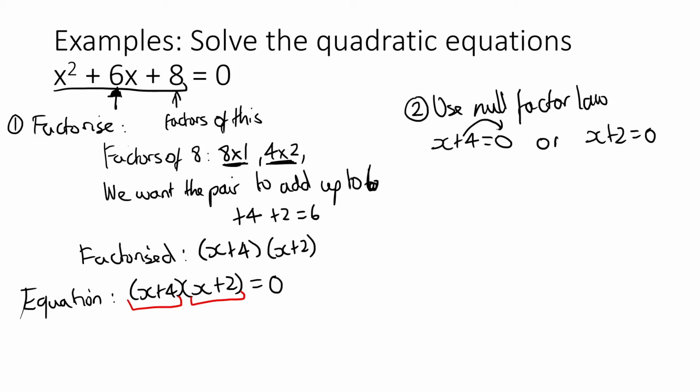You move the plus 4 to the other side, it becomes a negative 4, so x equals negative 4. You have a plus 2, move it to the other side, you get a minus 2. And then these are your solutions. So your answer is either x is equal to negative 4 or x is equal to negative 2.